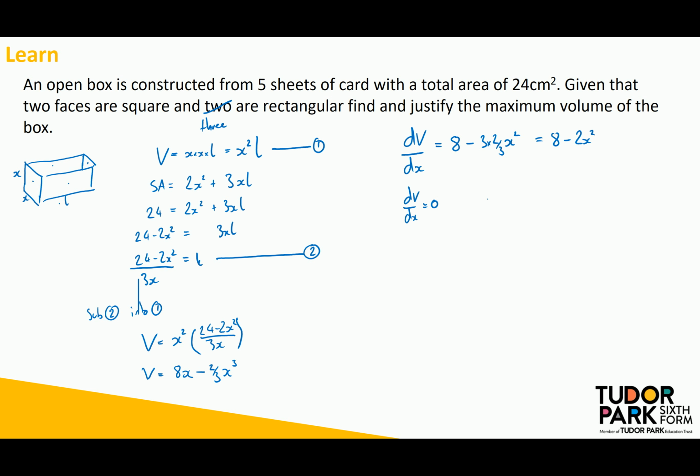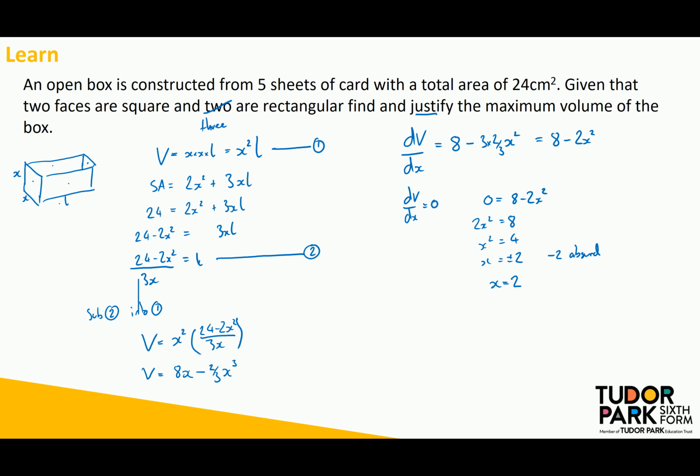So I want to try and solve 0 is equal to 8 minus 2x squared, or to say that 2x squared is equal to 8, or that x squared is equal to 4, so that x is plus or minus 2. Now, because x is a length, here the value minus 2 is absurd, because you can't have a negative length. So I know that the value of x should be 2.